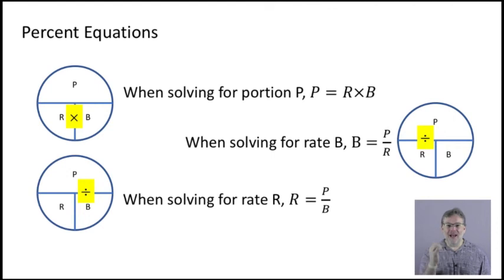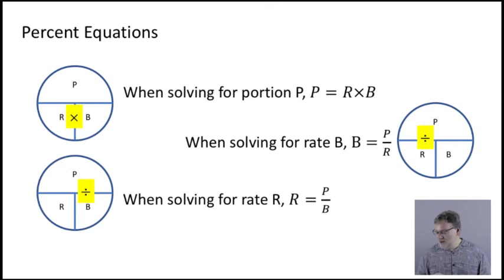This P and R and B represent the same vocabulary terms that we learned earlier in the video. Amount, or portion, I'm going to say portion this time, P for portion, then rate and base on the bottom. And so here's how we generally do this.